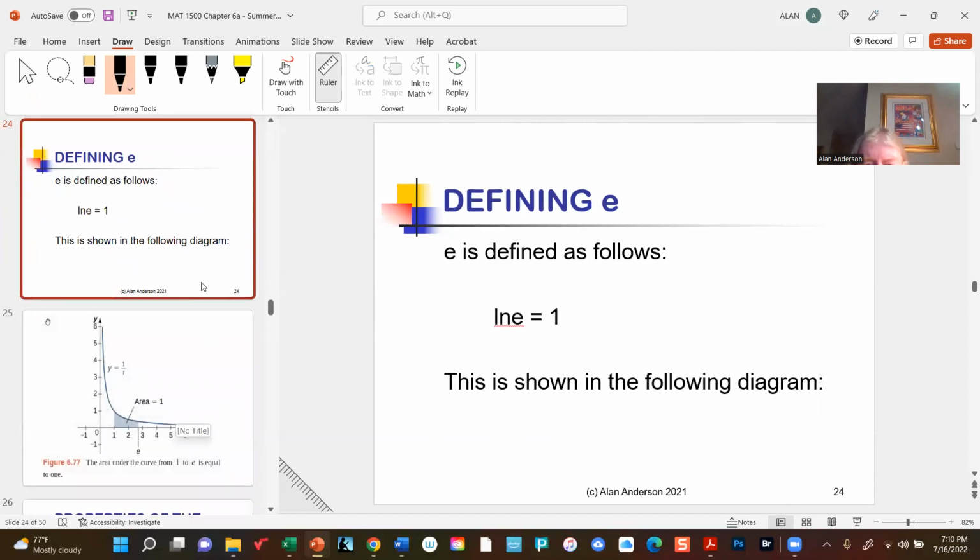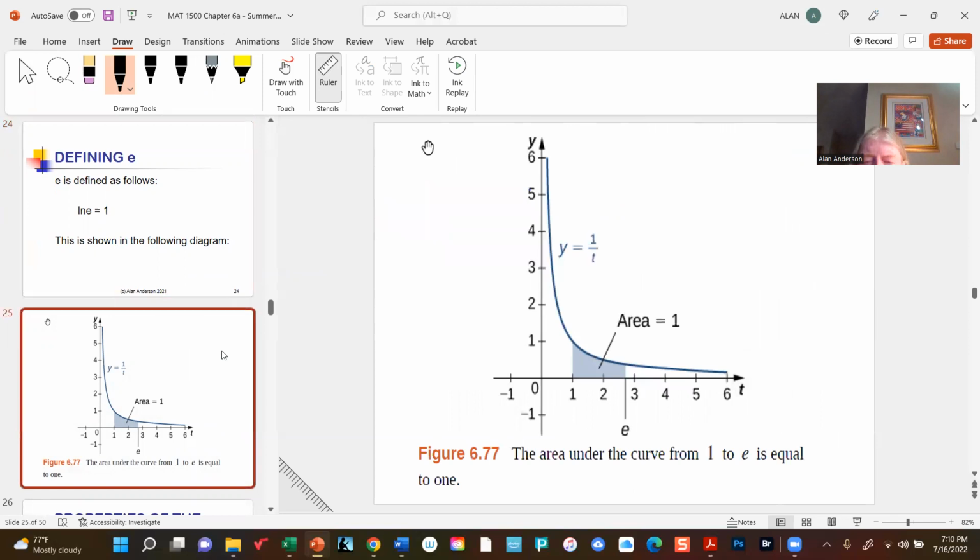Now, e, we already know that e is the base of the natural log. But in terms of area, what we're seeing here is that based on that same curve, y equals 1 over t, the area between 1 and e, where e is about 2.78, is equal to, as we saw earlier, log e.